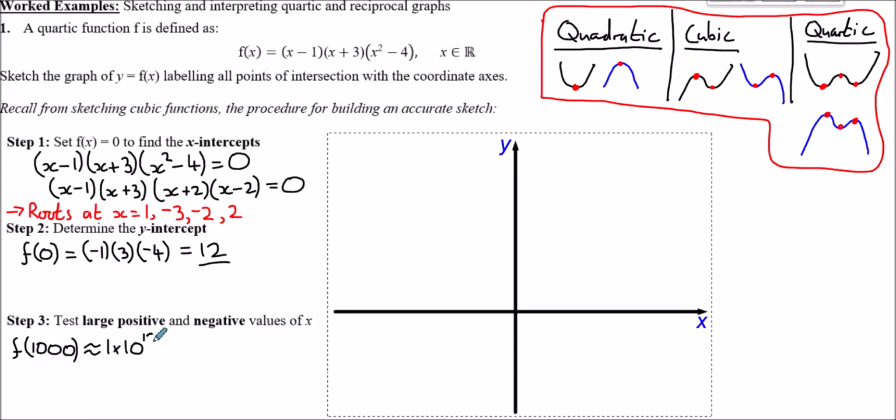So we can deduce that as x goes towards infinity, as x gets huge, f of x also gets huge as well. Similarly, if we try this for a very negative value of x, say minus 1000, let's see what that gives us.